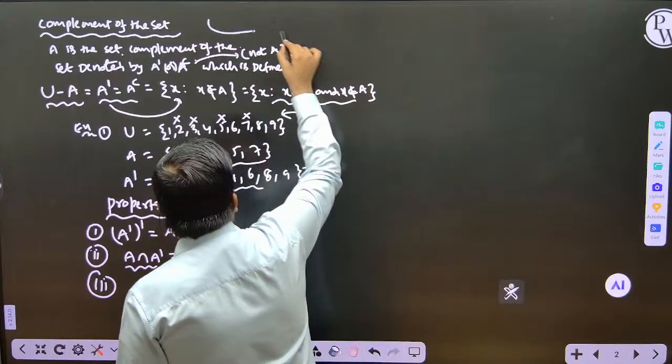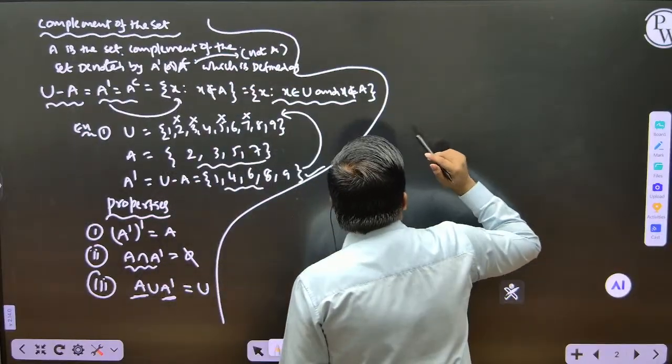Now, some properties of union and intersection.